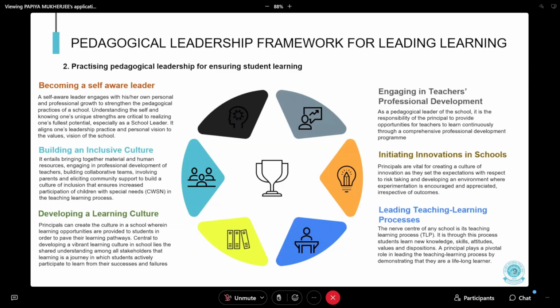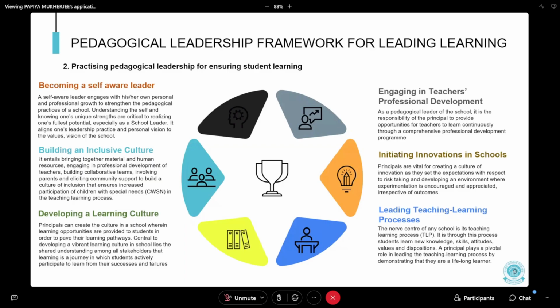You need to build an inclusive culture. How do you do that? It's a very, very broad term to bring about inclusion, which is far more encompassing than talking about only CWSN, that is children with special needs.